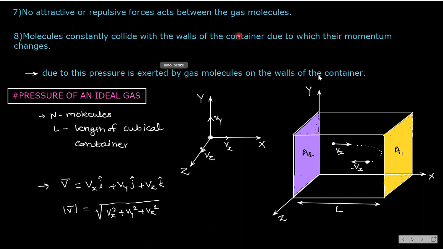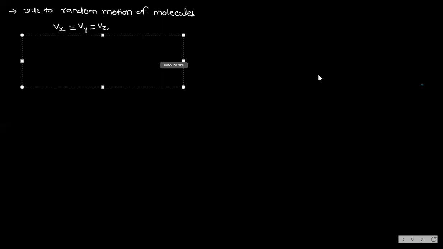So let's move ahead. Note down first this. Now see, due to the random motion of molecules, Vx is equal to Vy is equal to Vz, and that's why V square is equal to 3Vx square, which is equal to 3Vy square is equal to 3Vz square. And now I want to find the change in momentum.